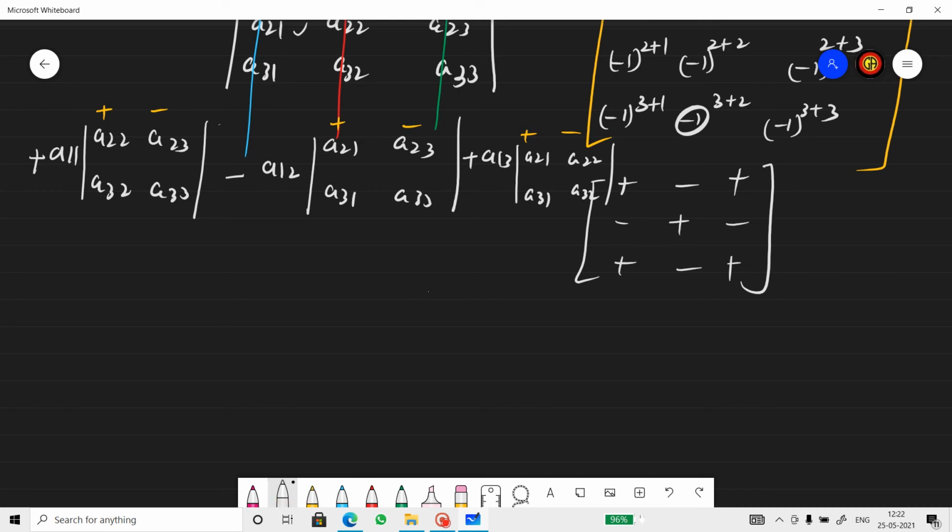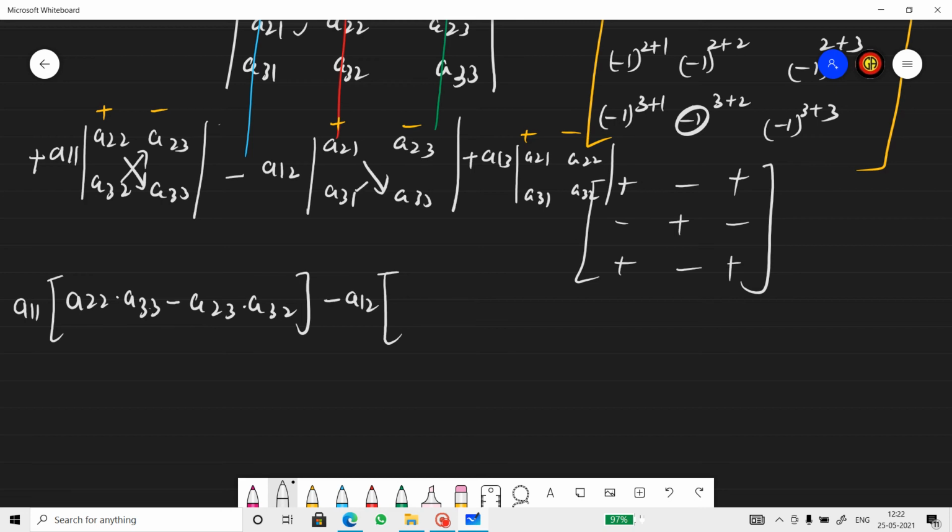Alright, so it is A11 into A22 into A33 minus A23 into A32, which means this minus this. Alright, likewise for the next also, A12 into this minus this.